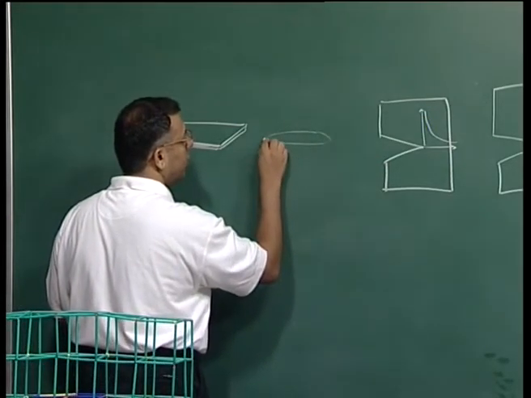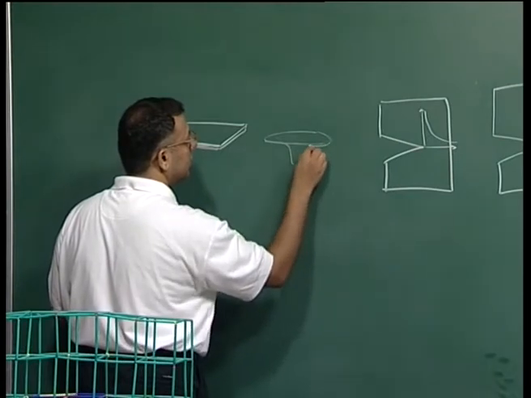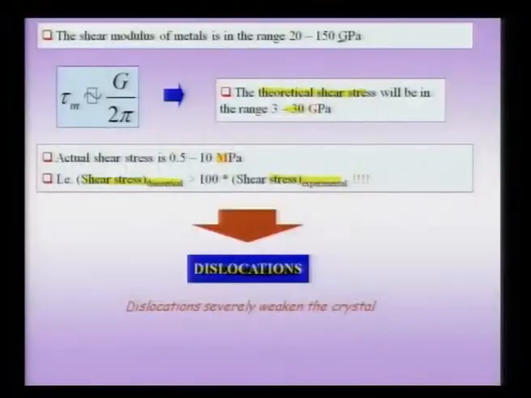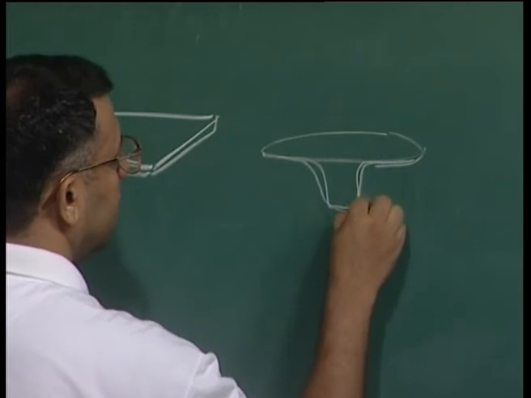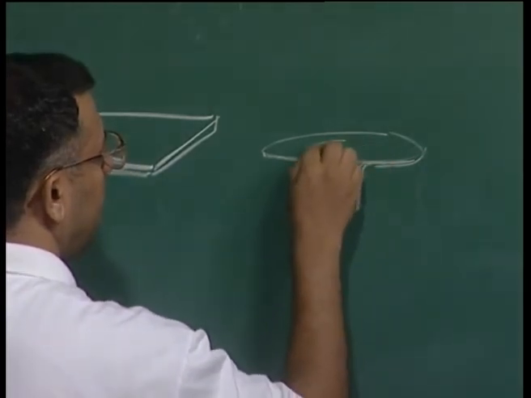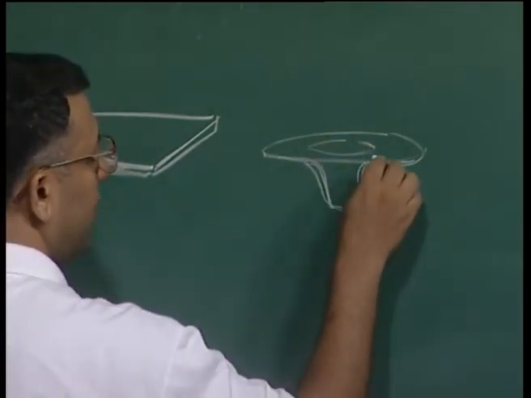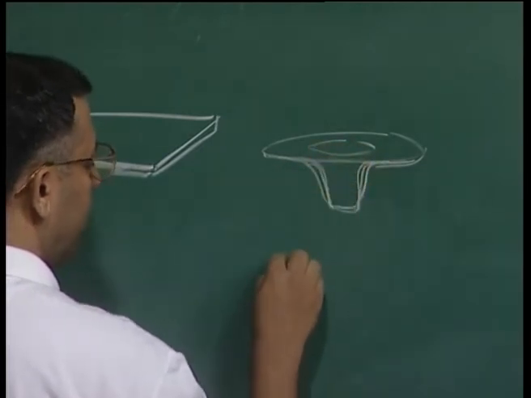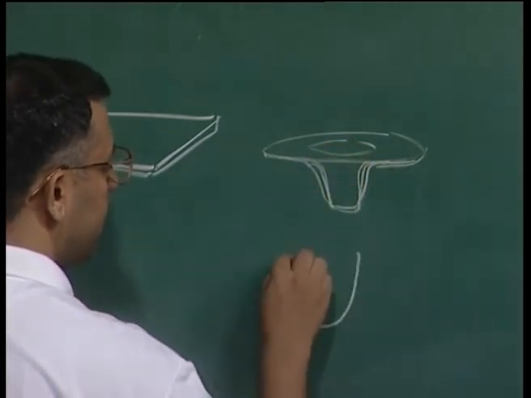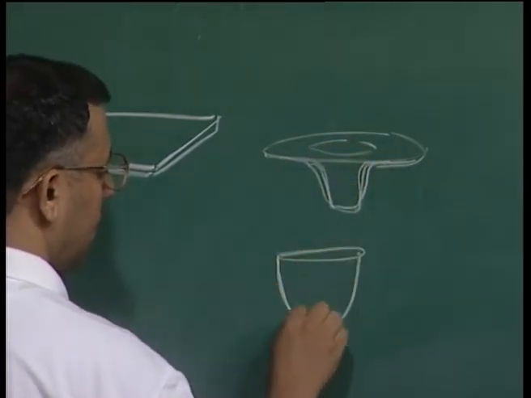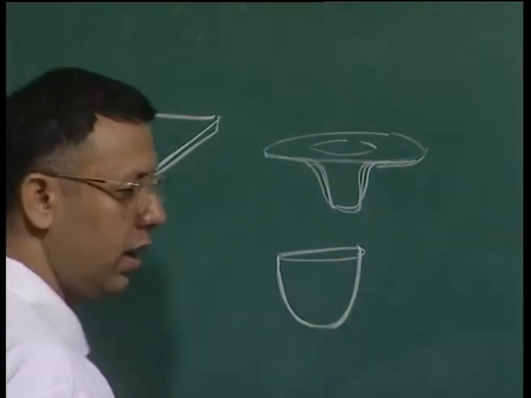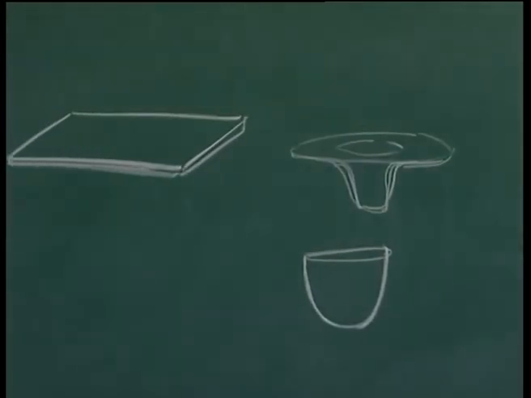So, this could be a slightly larger cup, or I could draw a more schematic cup like this. So, I need a die, and of course I will punch this to form the cup.